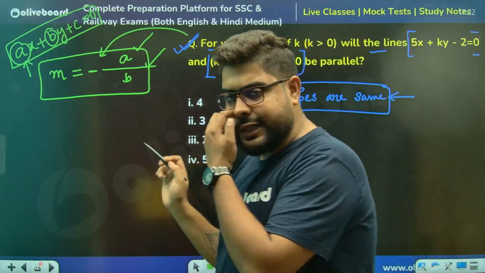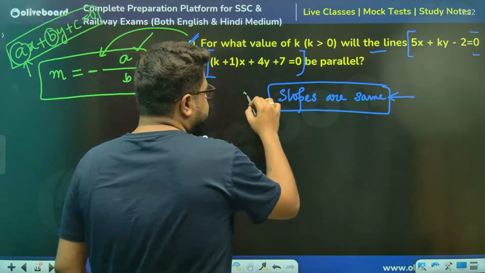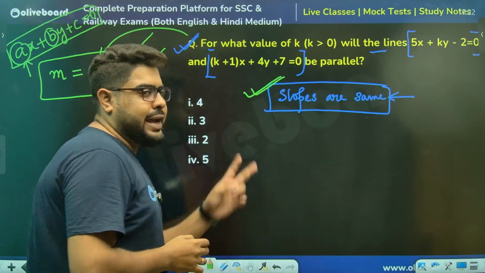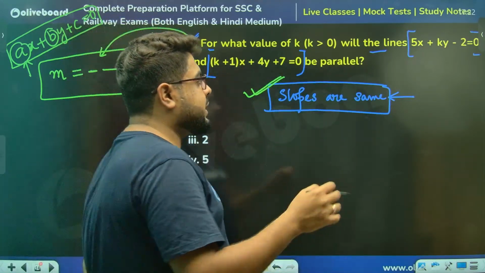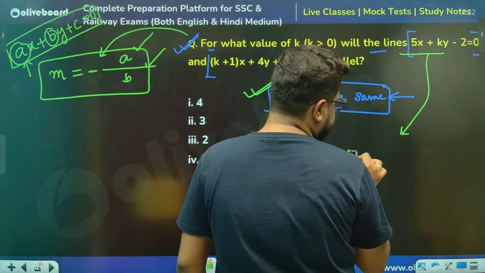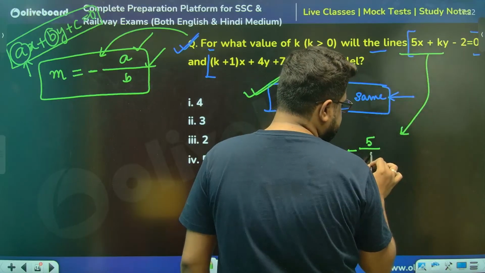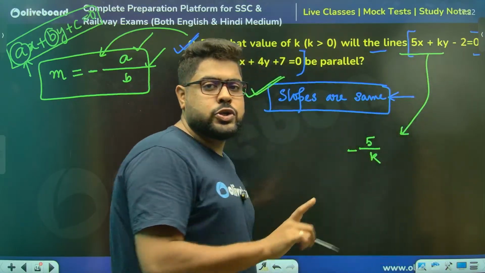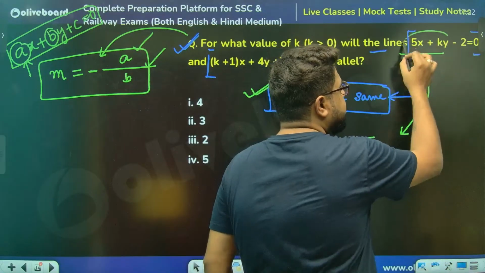If you can understand this, and when slope of two lines are same, then they are parallel. Sir, what is the slope of this line? It will be minus x coefficient is 5 by y coefficient is k. And always remember, slope only depends on the coefficient of x and y, meaning this part.